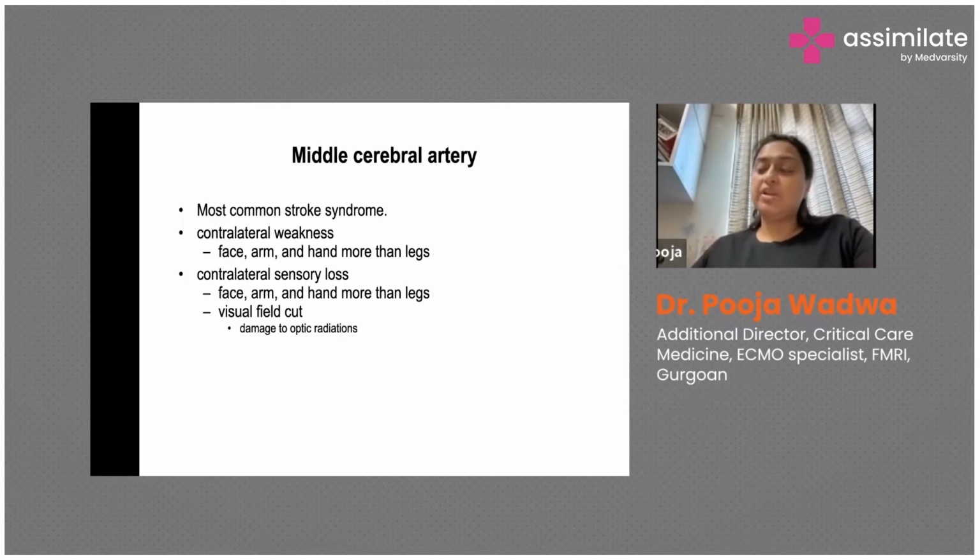So contralateral weakness of face, arm, and hand will be more than of the legs, while contralateral sensory loss will be there in the same areas. There will be visual field cut because of the damage to the optic radiations. Next.